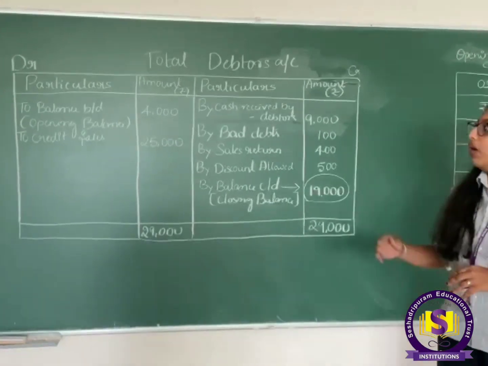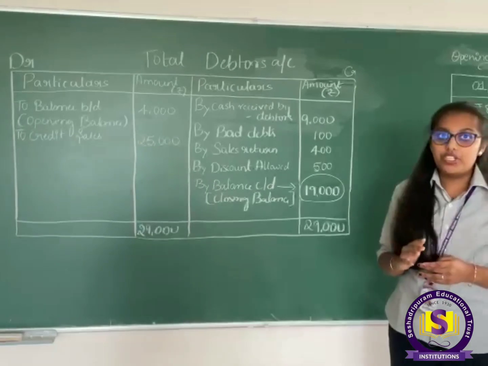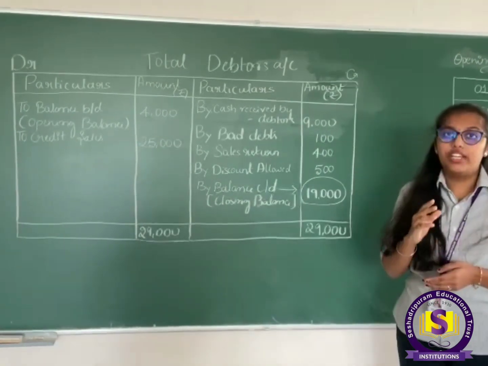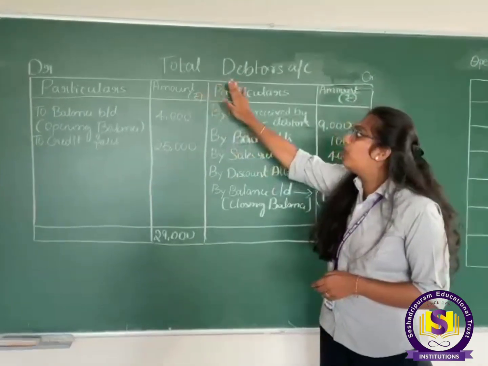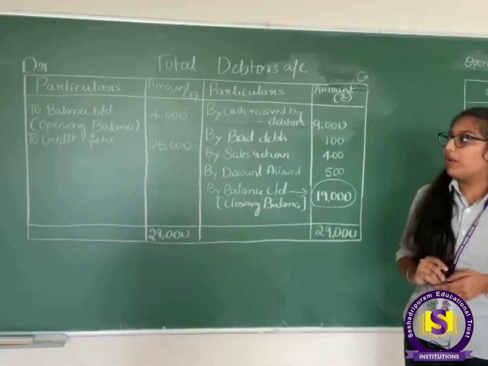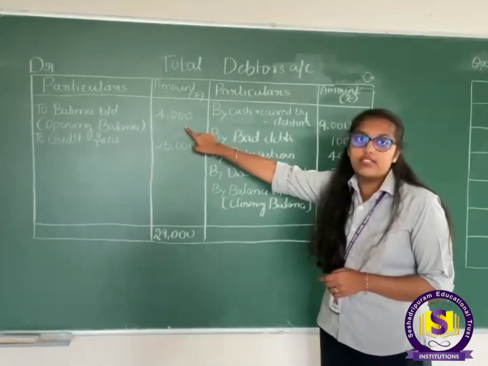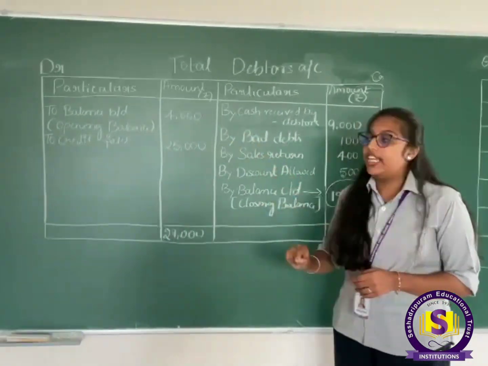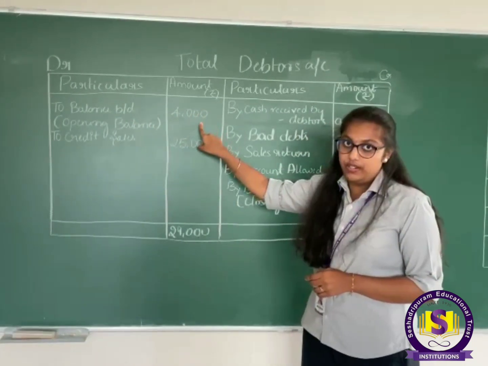Now let us know how to prepare the total debtors account. First, if they have mentioned the opening balance of debtors in the question, we have to take it on the debit side of the total debtors account. In the question they have mentioned the opening balance of the debtors, that is rupees 4,000. So we have to take it on the debit side as balance brought down 4,000.